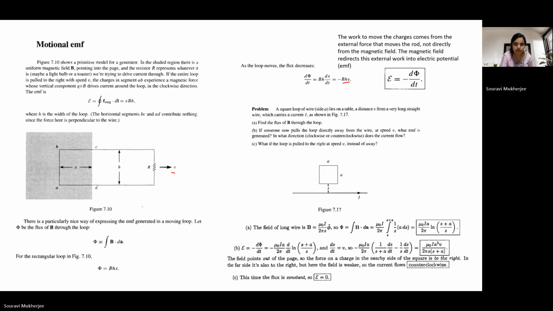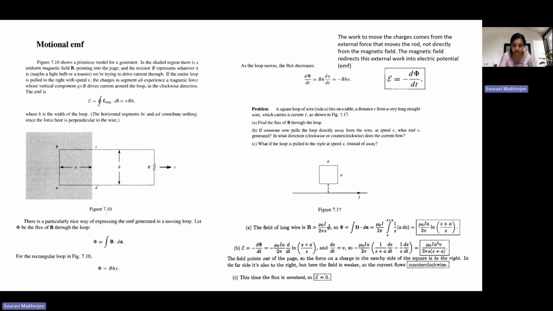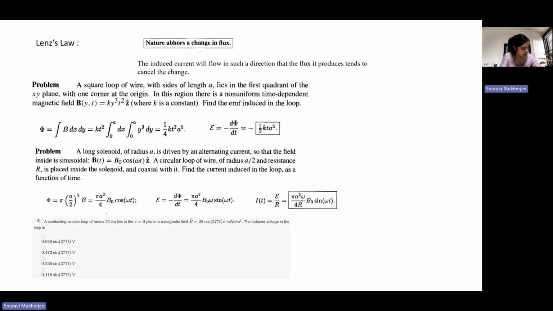So if you have to increase the EMF or the rate of change of flux, you have to increase the dimension which is along the direction of the induced force, or perpendicular to the direction of the velocity, and also perpendicular to B.